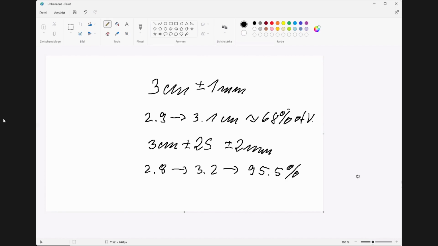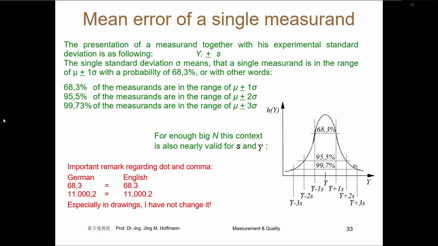You see it here. The range is bigger, but you have a higher number of measurement values in it. And 3S means 99.7% of the values are in this range.